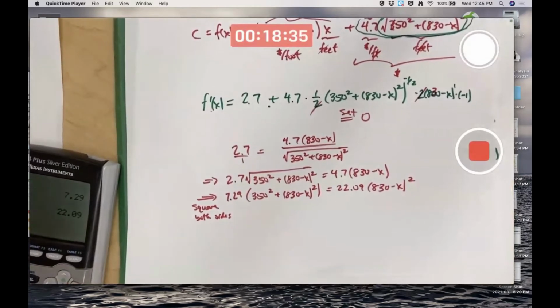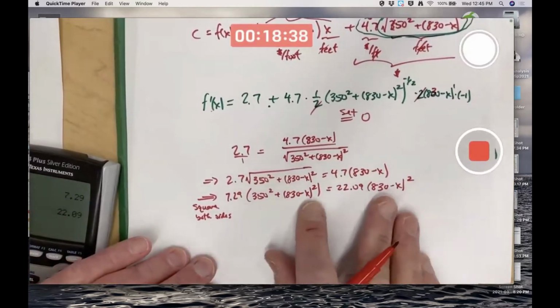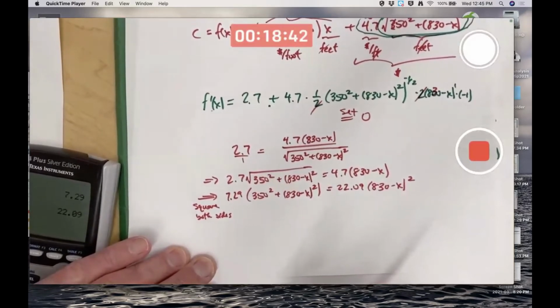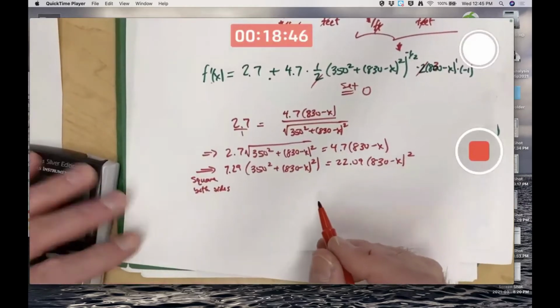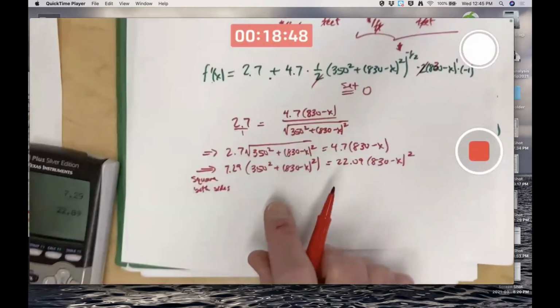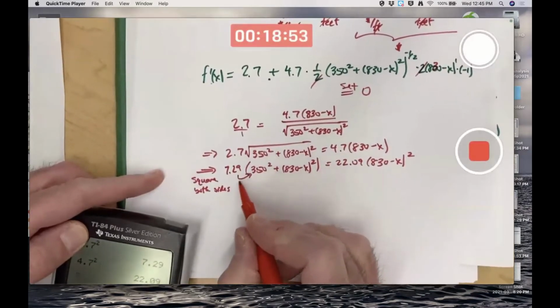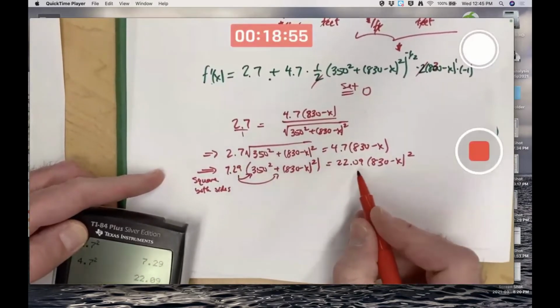I could. I can just try to isolate 830 minus x quantity squared on one side and then take a square root. Coefficient of 830 minus x quantity squared there is the 7.29. Coefficient here is 22.09.